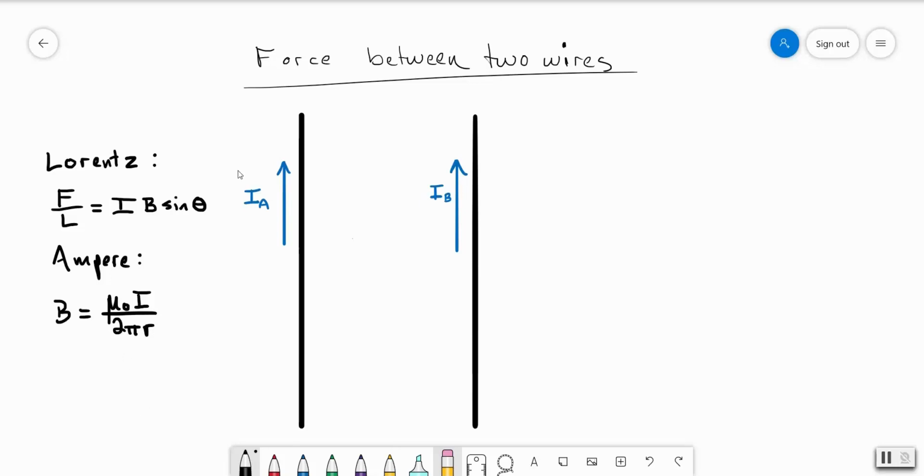So we're going to use both of these to investigate what happens to one wire due to the fact that another wire is actually nearby with a current.